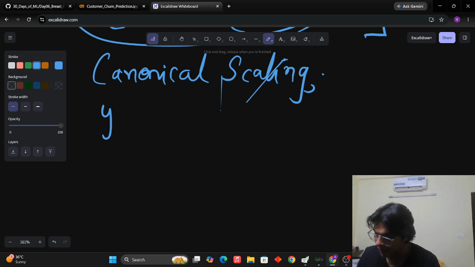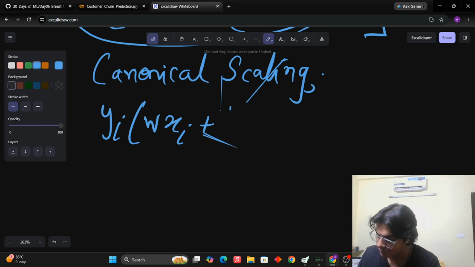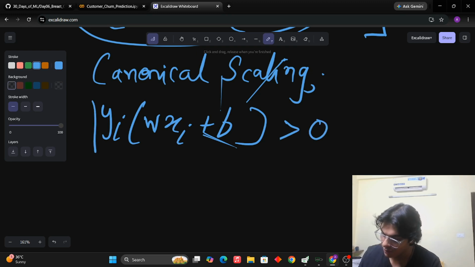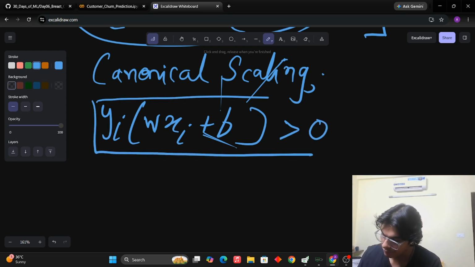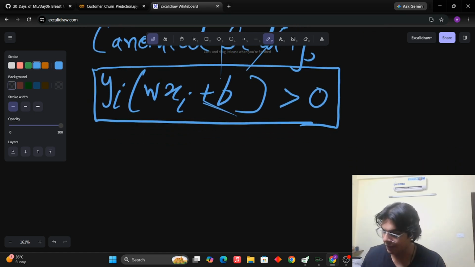So we take a value y, which is nothing but the output value yi. And we multiply it with the equation of the hyperplane. And we tell the model that this is the valid equation. So, whenever you calculate the hyperplane, you calculate this.